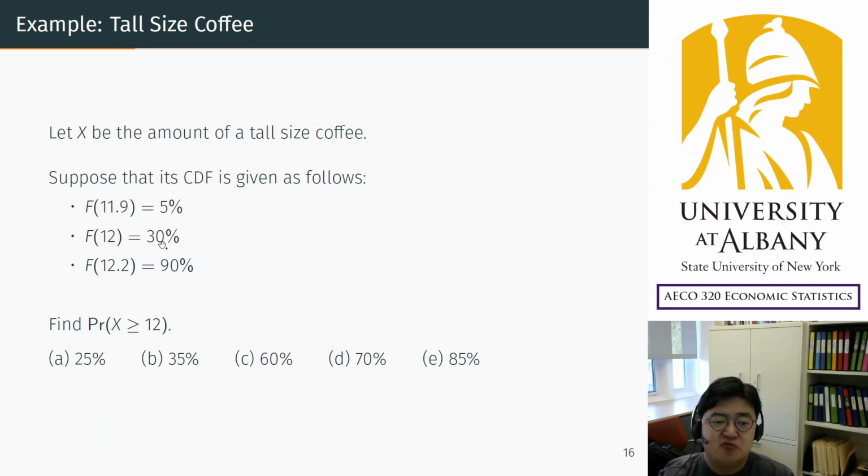The second piece of information means 30% of coffees have 12 ounces or less of coffee. And 90% of coffees have 12.2 ounces or less. So these three CDF values give you the probability of being less than a certain amount.